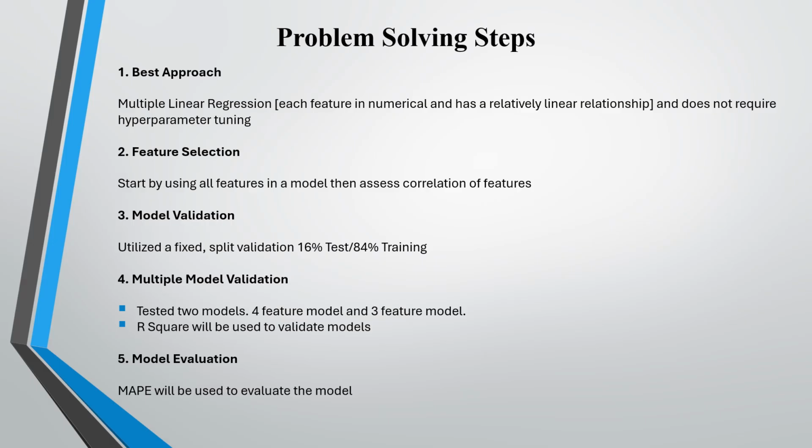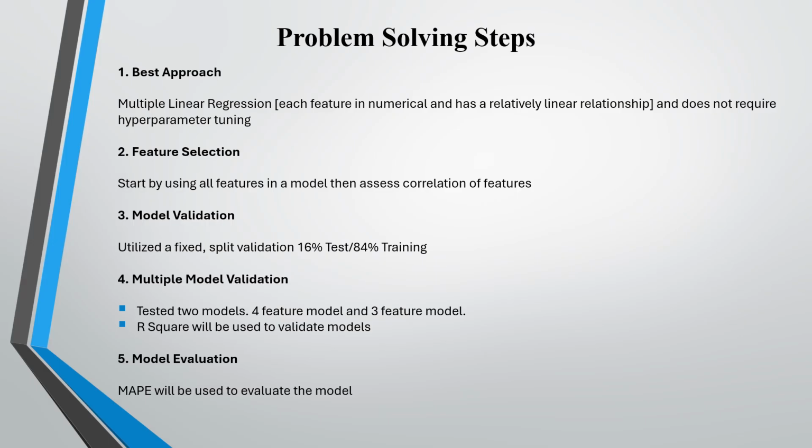I started by testing all features and I assessed correlation to determine if all features were necessary. I utilized fixed split validation. I split it into 16% test data and 84% training data.